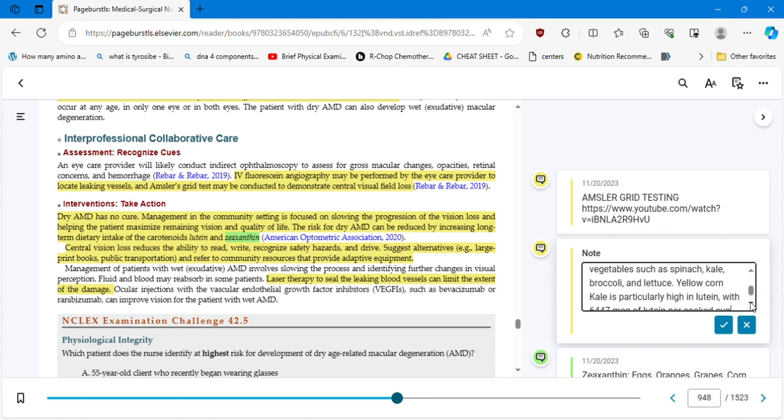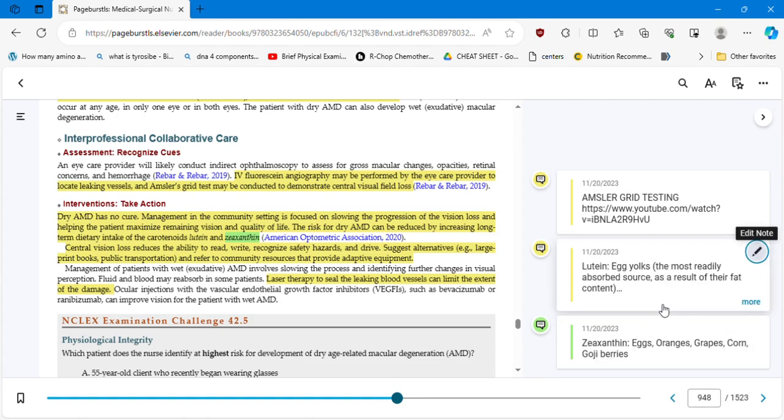Yellow corn. Kale is particularly high in lutein with 6447 micrograms of lutein per cooked cup. Egg yolks and the corn are yellow, and you have your green, all dark greens, right?